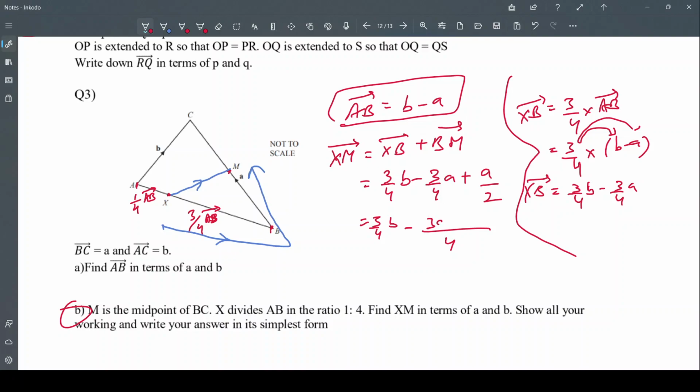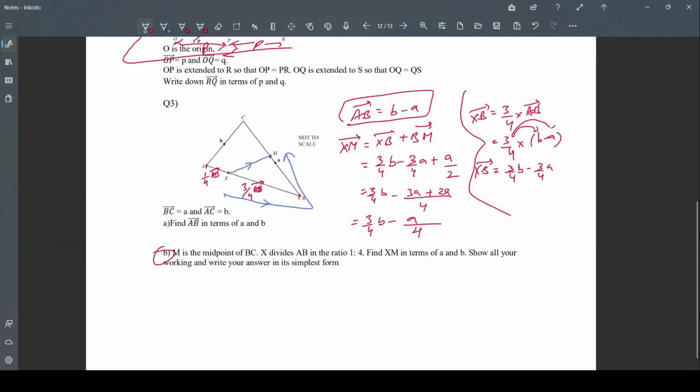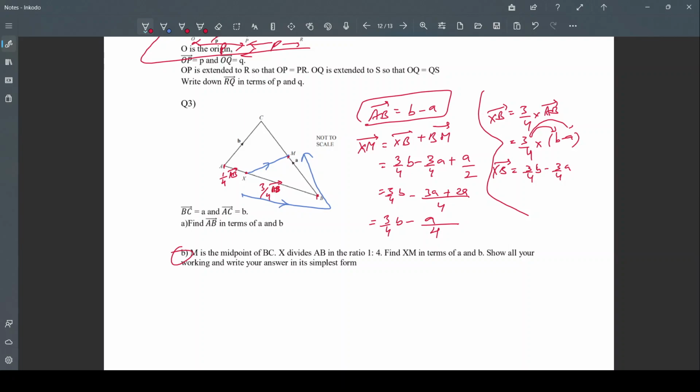The 4 and 4 cancel out, and 3A plus 2A over 4... So the answer is 3/4 B, minus 3A plus 2A, which is minus A, over 4. This will be your final answer. So XM is equal to 3/4 B minus A/4. This is the final answer.